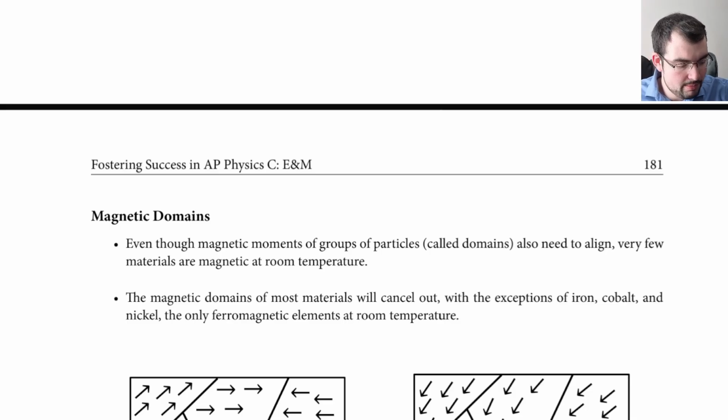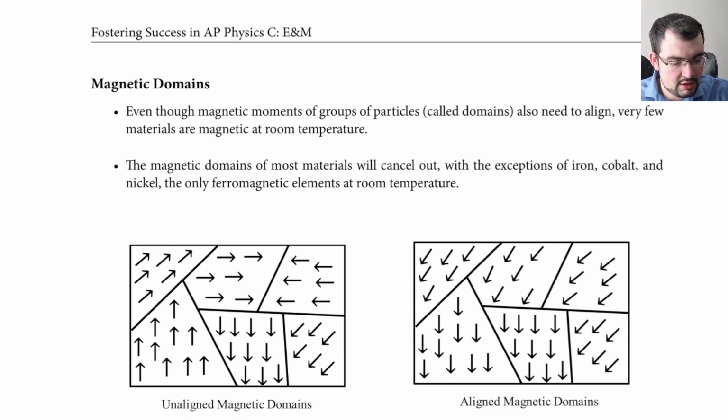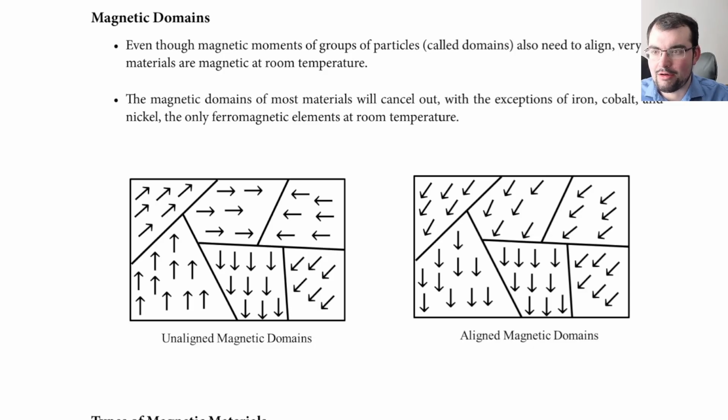Even so, the magnetic moments of groups of particles also need to align, and it's very rare for a material to be magnetic at room temperature. Due to material properties, most magnetic domains end up canceling out, and our exceptions are iron, cobalt, and nickel, which are our ferromagnetic elements.